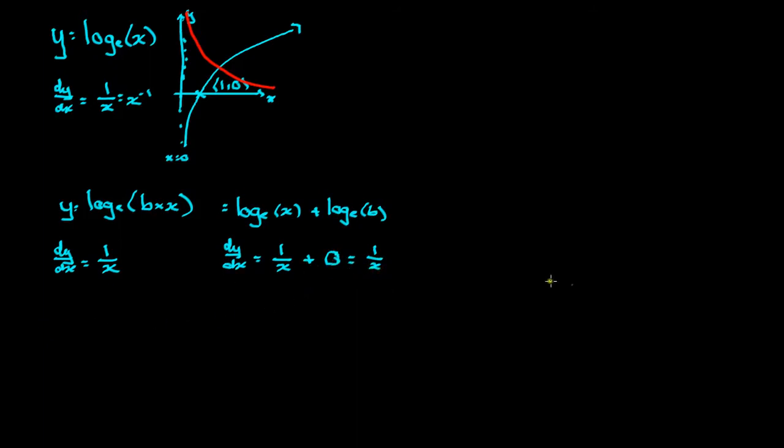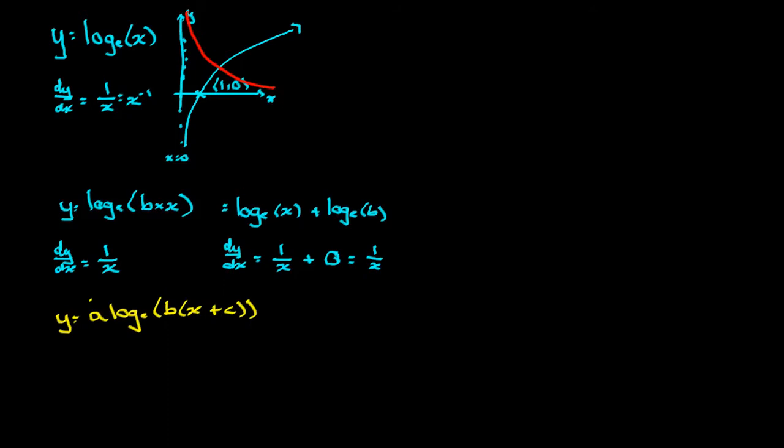And finally, logs can take more difficult forms. I think here's the most complicated form it could take. y is equal to a log e of bx plus c. So a is a coefficient that sits outside the whole term, b is the coefficient in front of x, and c is a translation in x.